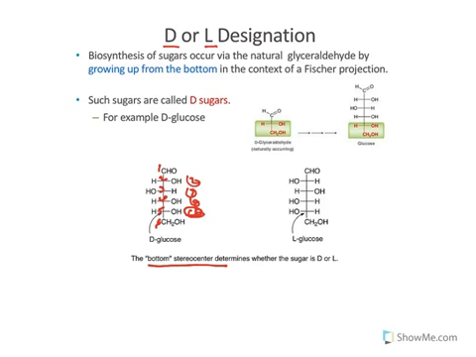Now we look at the bottom stereocenter and determine whether the OH is on the right or on the left. If OH is on the right, we call that a D sugar. If OH is on the left, we call that an L sugar.